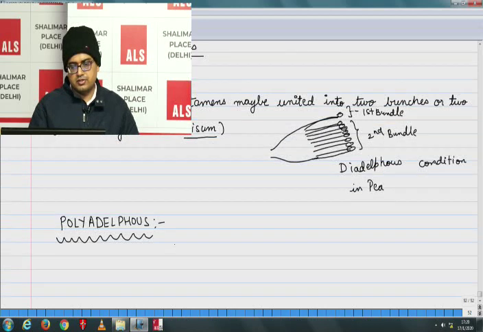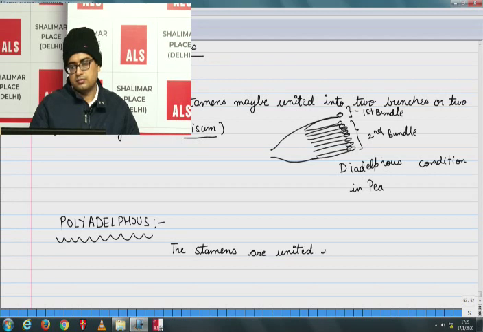The stamens are united into multiple bundles.